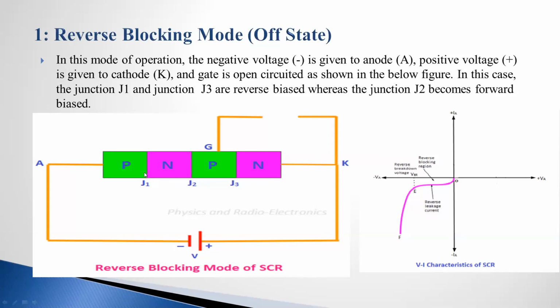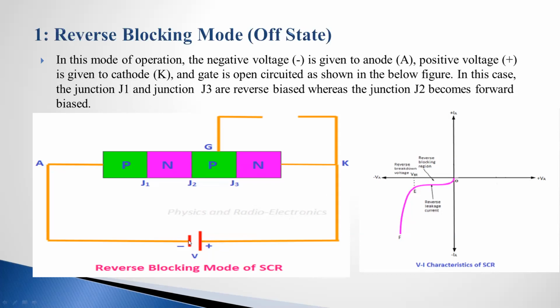Due to the reverse bias of J1 and J3, it will block the current, meaning there is no chance for current to flow from cathode to anode. But a small amount of leakage current flows through this device, represented like this.